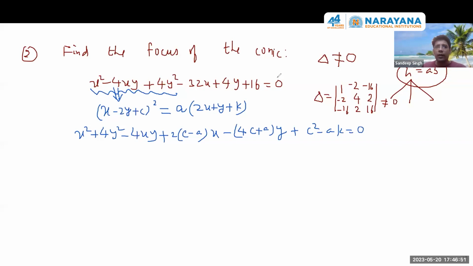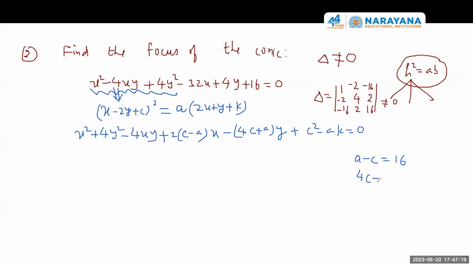Now let us compare one by one. The first three terms are okay. So first of all, 2c minus a should be what? Minus 32. Coefficient of x, if you compare, that means a minus c is 16. If you compare the coefficient of y, 4c plus a should be minus what?